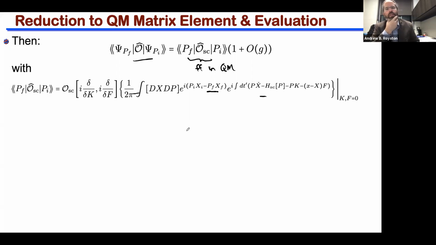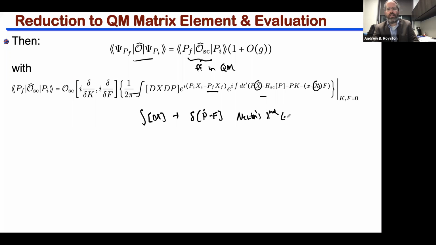In other words, we can recover what we want by expanding out in a Taylor series, at least for nice operators, letting these functional derivatives act on these sources, k and f, to bring down p and little x minus big X. So what we're going to study is this generating functional. And the cool thing here is that because of translation invariance, x only appears here and here. And so we can actually carry out the x path integral, which results in a delta functional enforcing none other than Newton's second law.